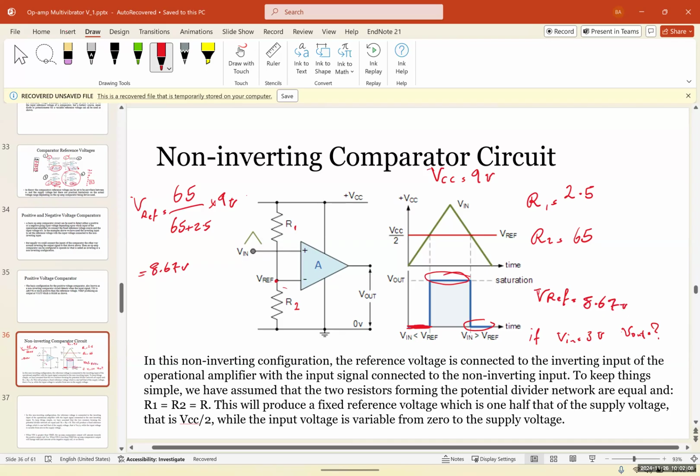Now, if Vn is 3 volts, then Vn would be less than V reference. Then what would V out be? Vn is less than V reference, so V out would be equal to negative VCC, which here is the ground, 0 volts.